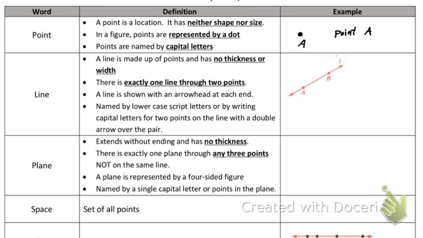So when I'm talking about a point, I'll generally say point A. But it is acceptable to just say I'm talking about A, and we have to know it's point A. All right, that's a point.